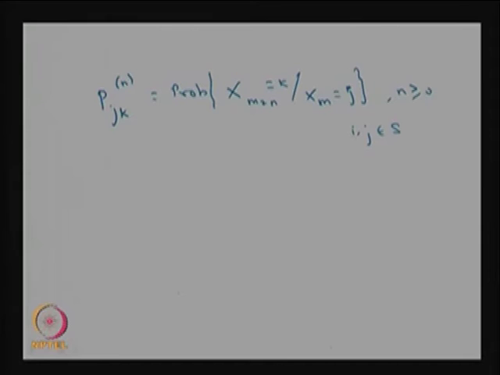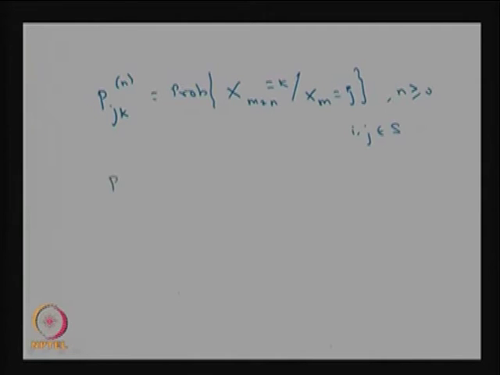We denote it as the conditional probability p_{j,k}^{(n)}, where j, k belong to S, the state space, and n can take values greater than or equal to 0.